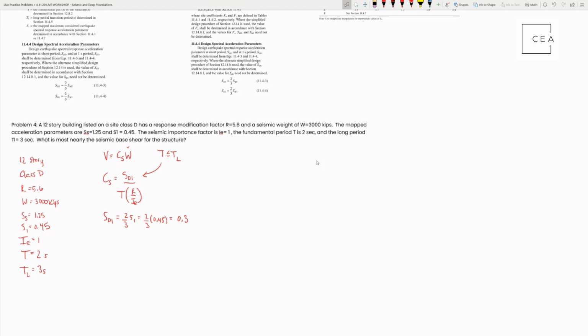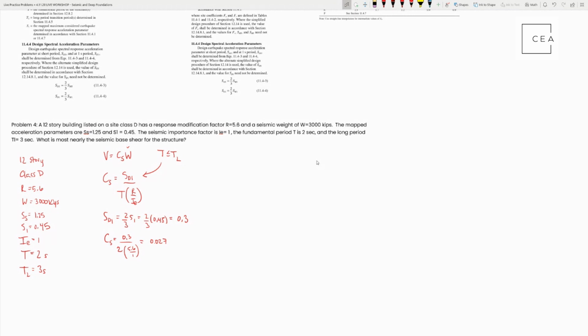So now we can say that CS is equal to 0.3 divided by 2, where 2 was given as T, right? Plugged in 2. And R was given as 5.6. Divide that by 1. And that equals 0.027. So there's your seismic response coefficient.